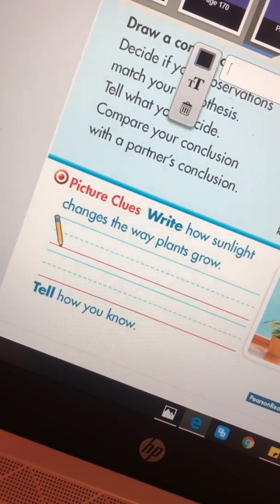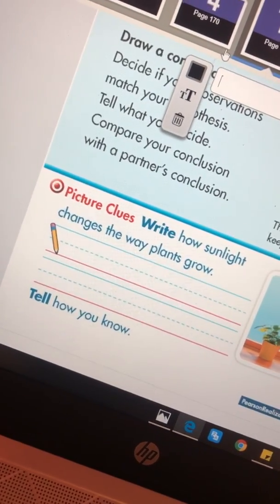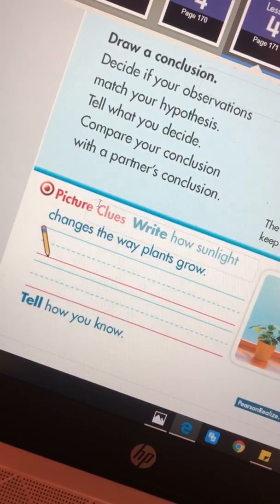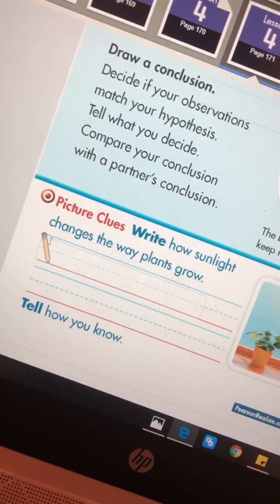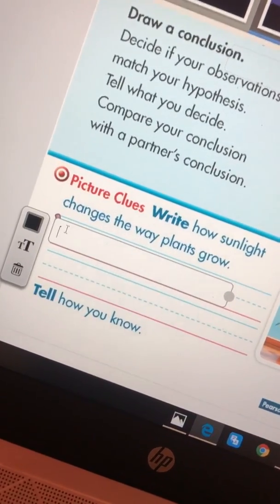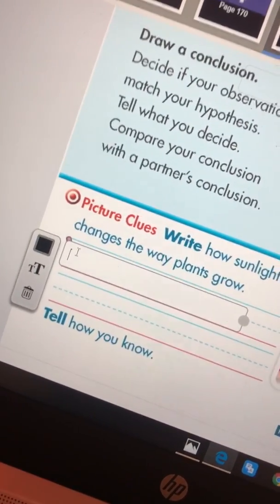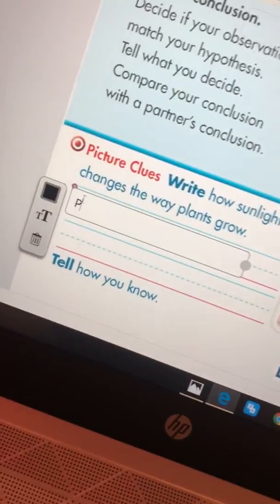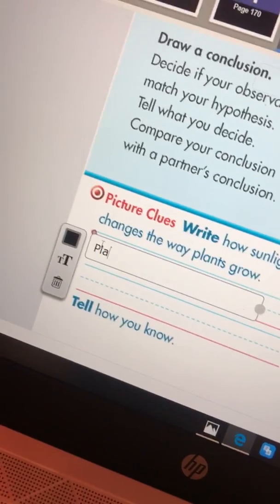Do you know the answer? How sunlight changes the way plants grow. So plants grow toward what? Excellent, the sunlight.